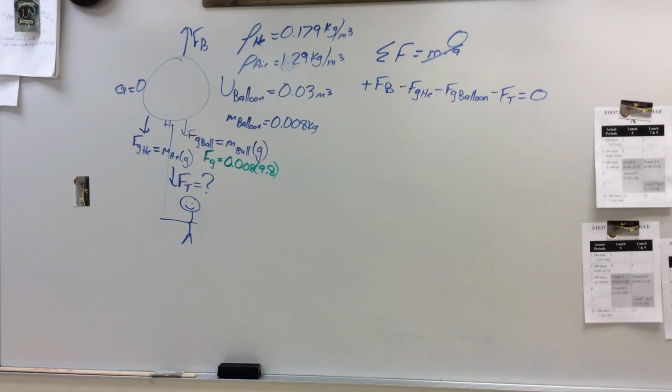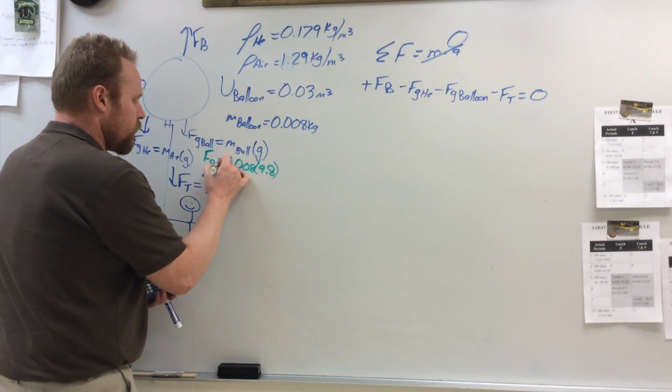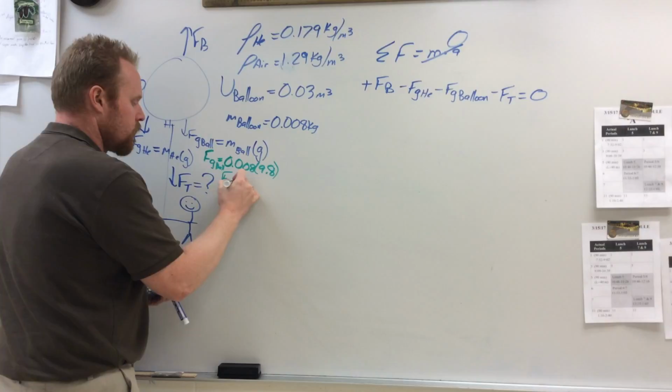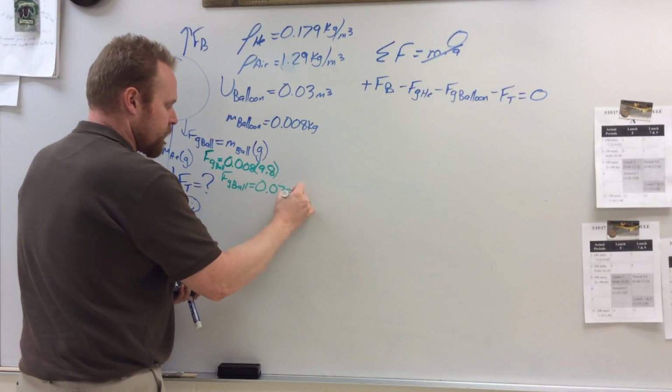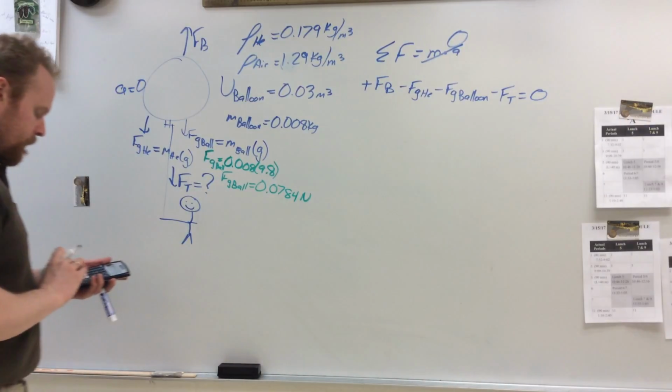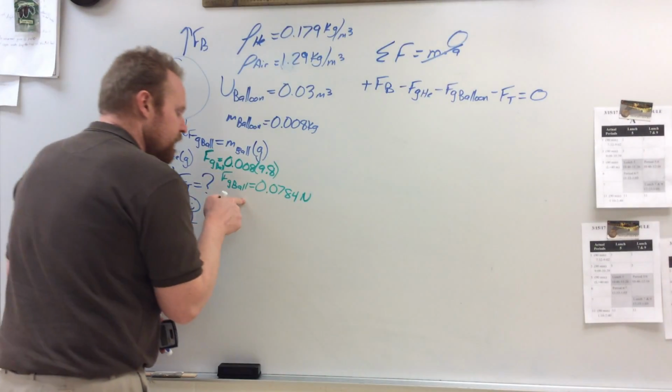The gravitational acceleration is 9.8, so 0.008 times 9.8 gives us an Fg of the balloon of 0.0784 newtons. Okay, so that gives me this.